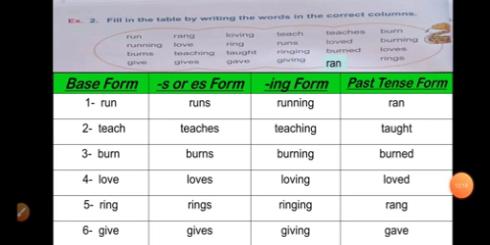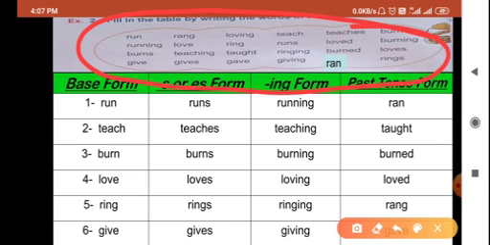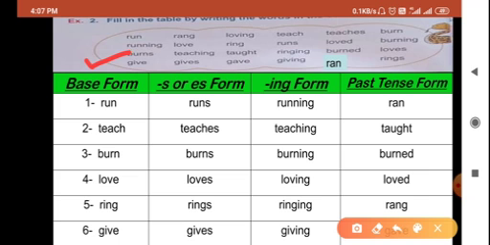See, students, in exercise number 2, some different forms of verbs are given in this box, and below is a table where you have to sort all these forms of verbs into base form, S or ES form, ing form and past tense form.